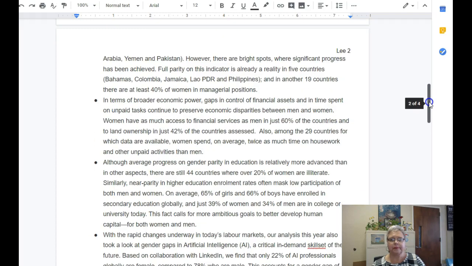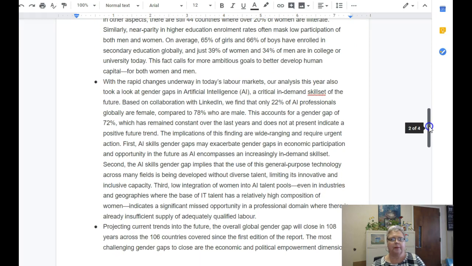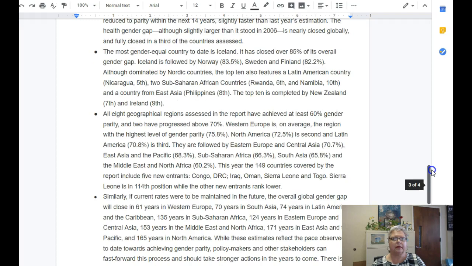So this has some overall information that you can read through and see if any of it applies to the country that you're working on. It explains a lot of information, though, that you could use the wording from if you want to for this.